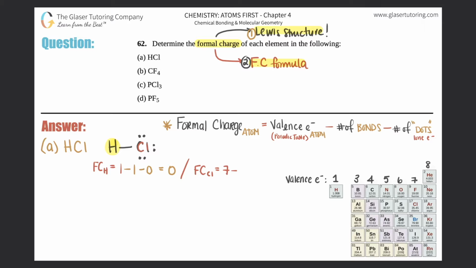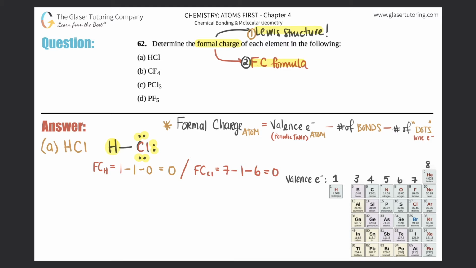So that would be minus 1. And now the number of dots, or lone electrons: how many dots do you see on chlorine? 1, 2, 3, 4, 5, 6. So you would subtract 6. 7 minus 1 is 6, 6 minus 6 is 0. So both hydrogen and chlorine have a formal charge of 0.